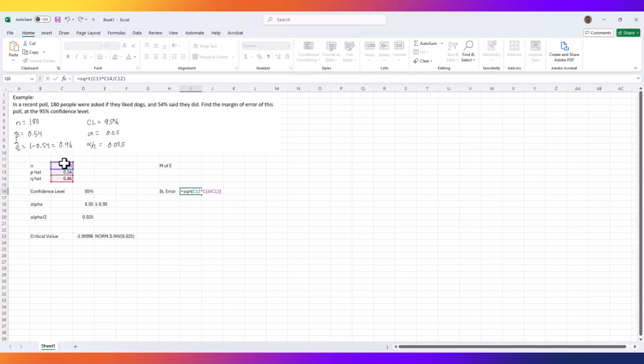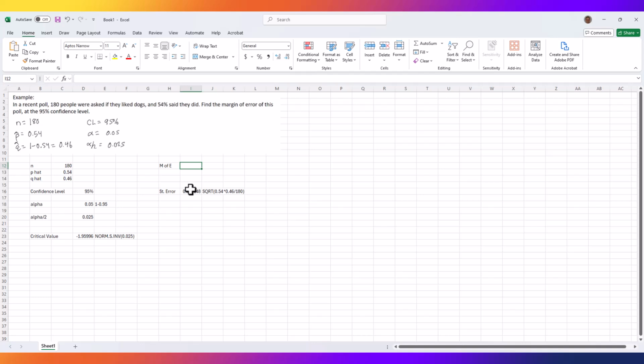I do like to click on the cells. It makes the work a little less clear, but also very precise. So this is 0.54 times 0.46 divided by 180. You're going to see the standard error in the work there.